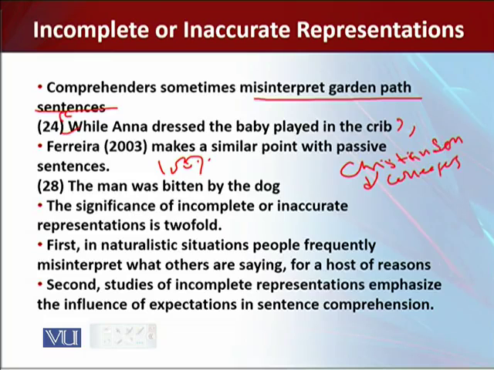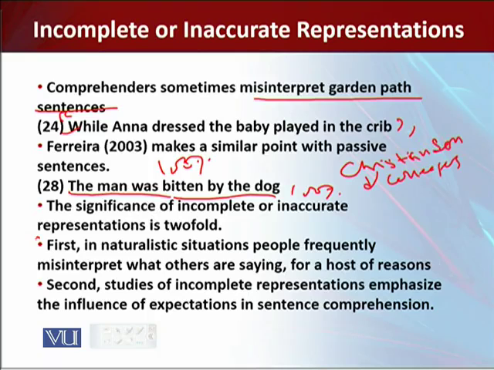So performance on active sentences was nearly 100% correct, but error rates of 25% were found with the passive sentences. The man bit the dog. The man was bitten by the dog. The dog was bitten by the man.